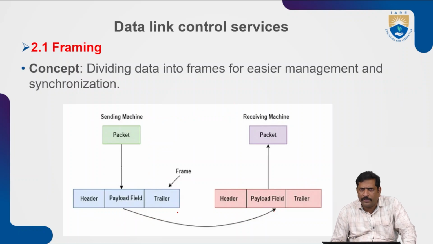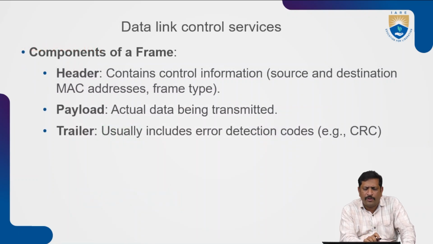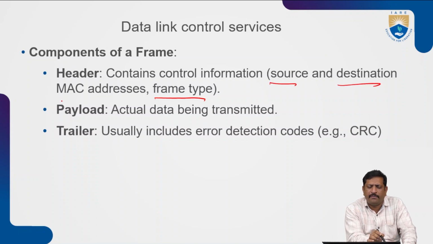If you see the header component, what is it doing? The header contains the controlling information. That means controlling information such as the source and destination MAC address, or the frame type. Which type of frame we are transmitting, along with the source MAC address and the destination MAC address.